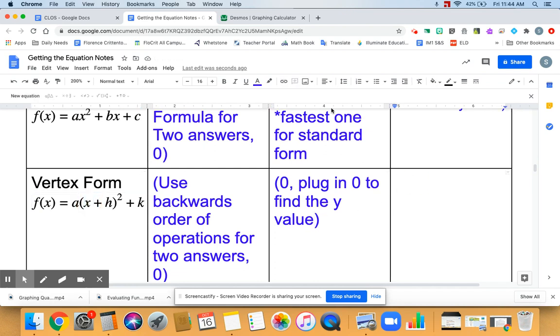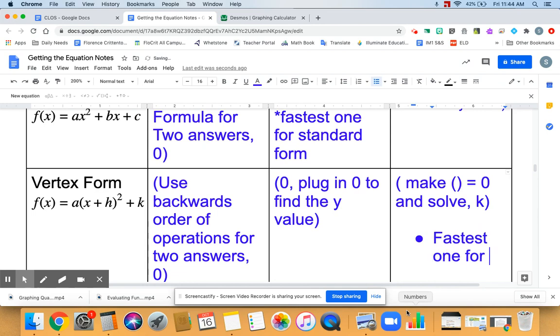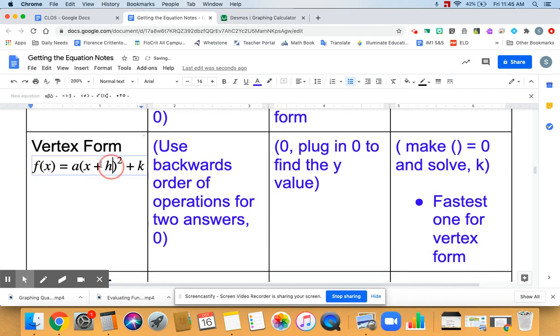And then for the vertex from vertex form, remember you're going to make the parenthesis equal 0, and solve with the x. And then the y value for the vertex is just this k at the end, whatever that k is. So this one is known as the fastest one for vertex form. Because it's really easy to make this parenthesis equal 0 and solve it. It's really fast, and then just comma this guy.